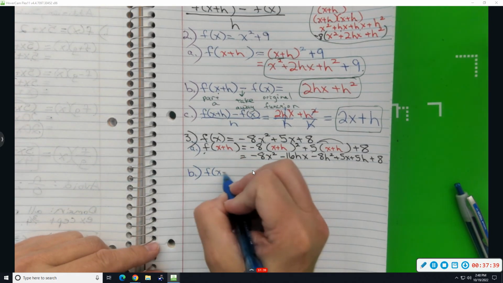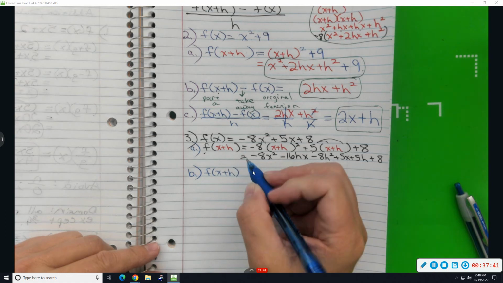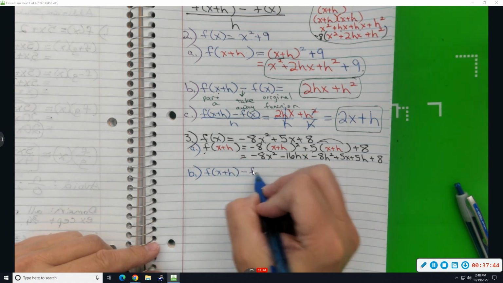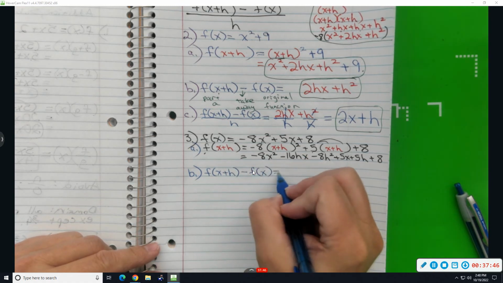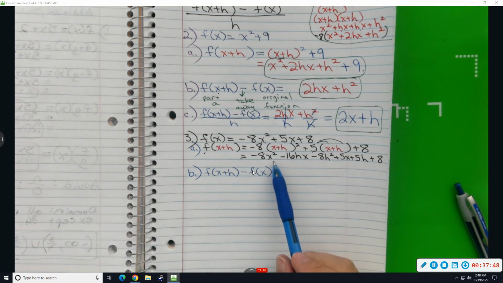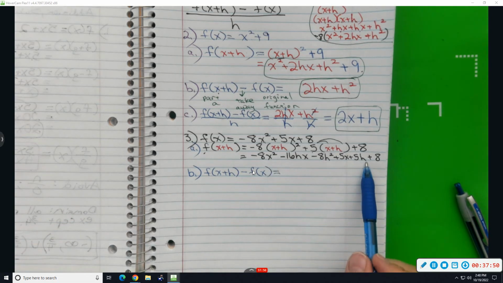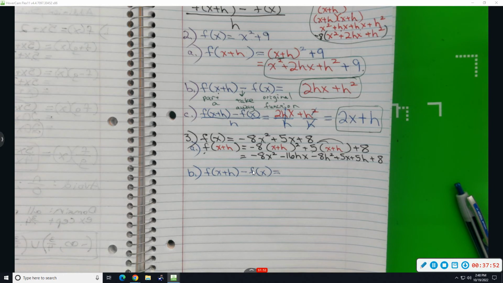They want us to find, I'll simplify f of x plus h minus f of x. Take what we just found and take away the original terms. Here's the original function, f of x.